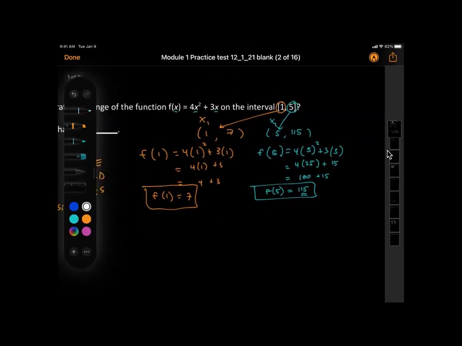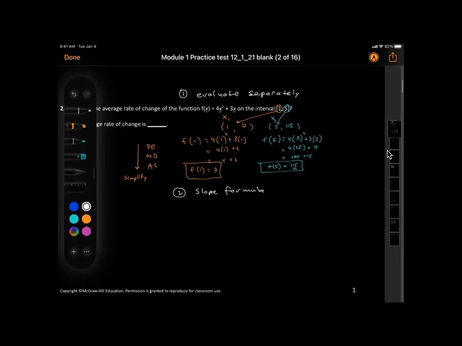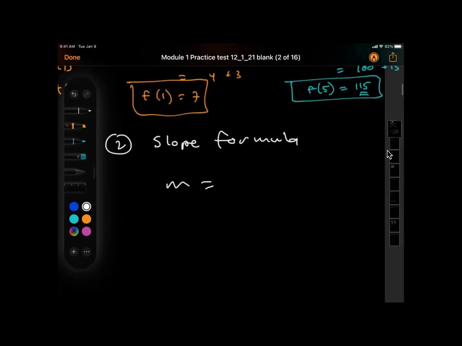So back in my notes, I would kind of say evaluate separately. That's what we just did. And then the second thing we need to do is actually use the slope formula. The slope formula is m. M, I know, does not start with s.